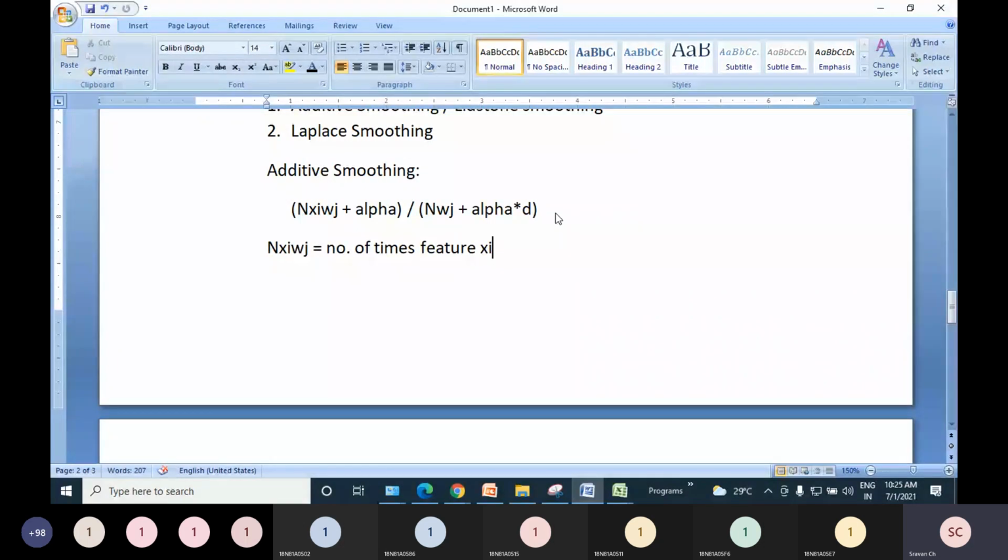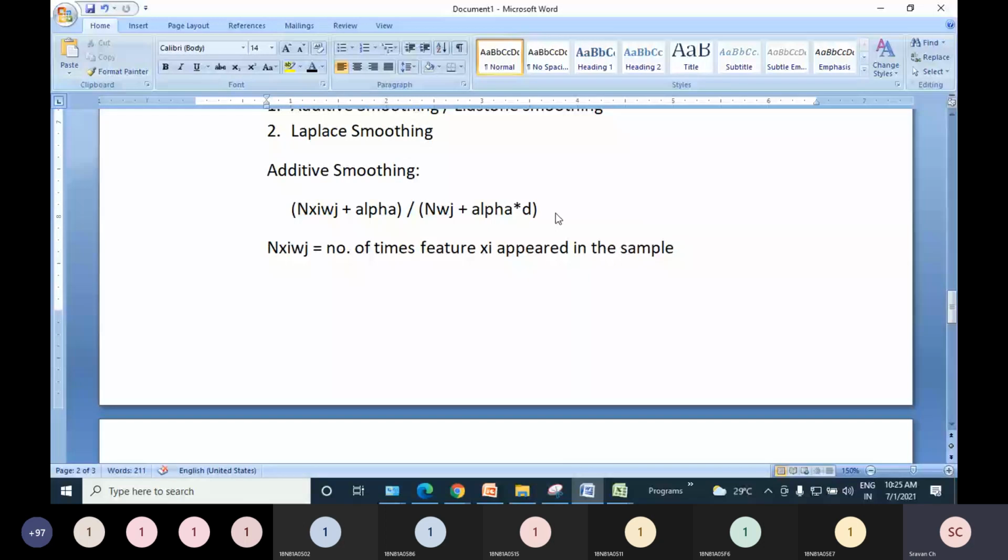Feature means the words like ram, sir, you, whatever words we are dealing with one by one. They are called features.